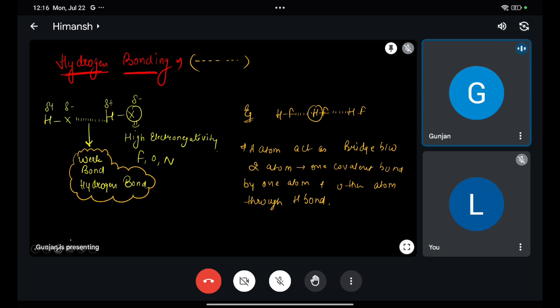So if we want to define hydrogen bonding, how to define it?